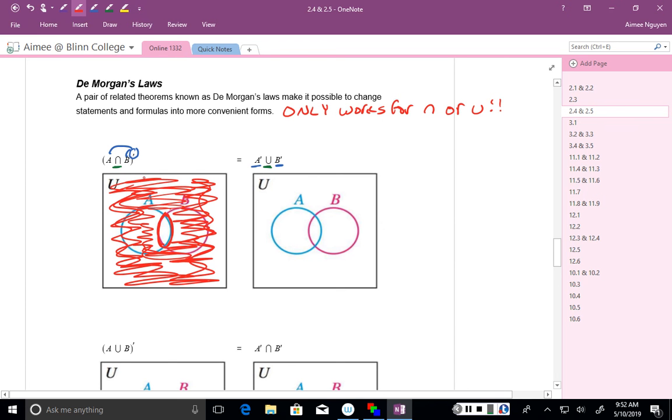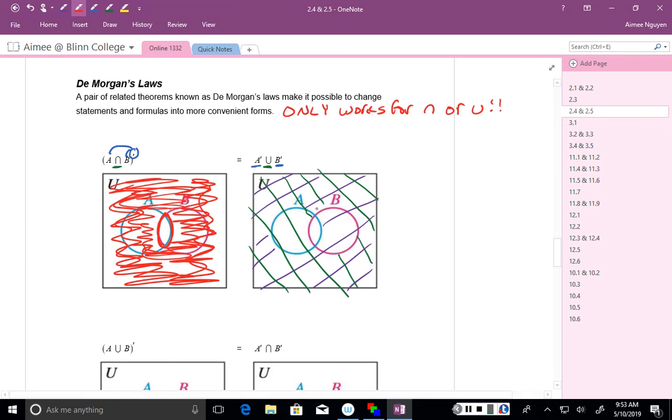Okay, so now if we try to do this for not A union not B, now we're going to have to say what's not in A. So if I'm not in A, I'm all of this, right? And then I have to say what's not in B, right? So not in B. And then since I'm unioning it, I want all of the stuff that has any color inside of it.